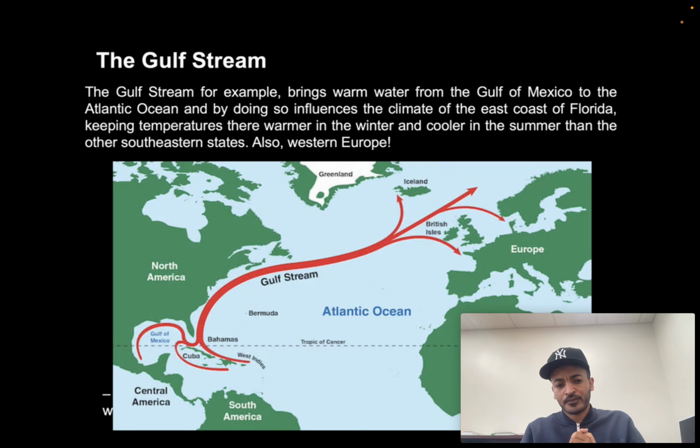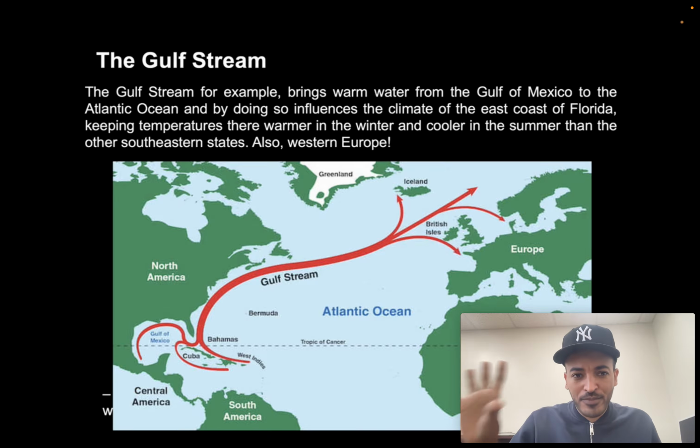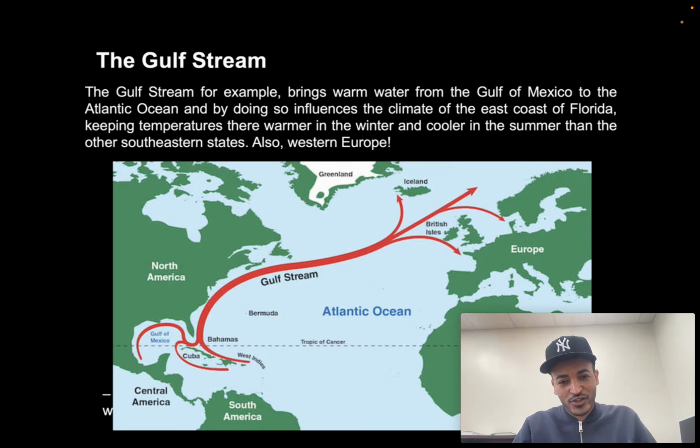But I just want to briefly mention one very important current in the ocean that controls the weather patterns in the northern hemisphere, right? We talked in the last lecture about how the jet streams form and how the jet stream is important. But now in the ocean, we also have what we call the Gulf Stream.